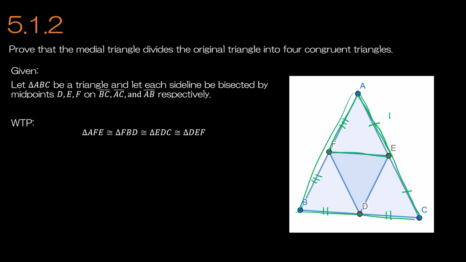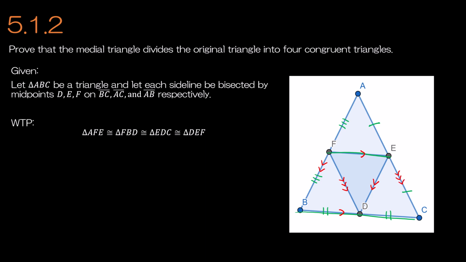So based on that, I'm going to get rid of some of these markings so it doesn't get too crazy. So based on that, we can say that FE is parallel to BC. We can say that ED is parallel to AB, and we can say that FD is parallel to AC.